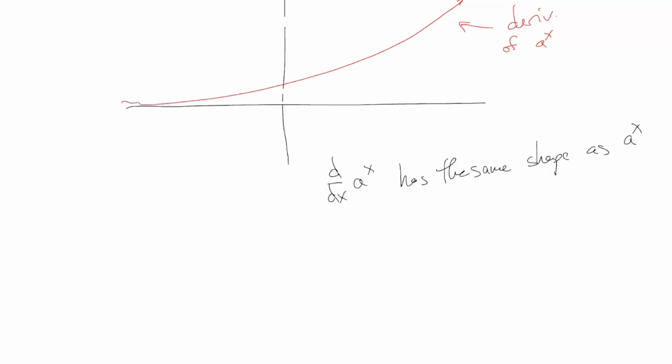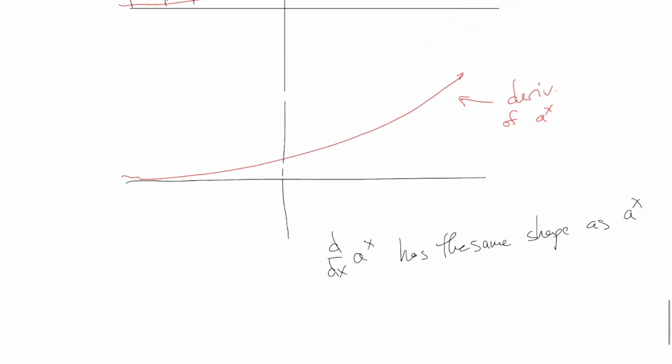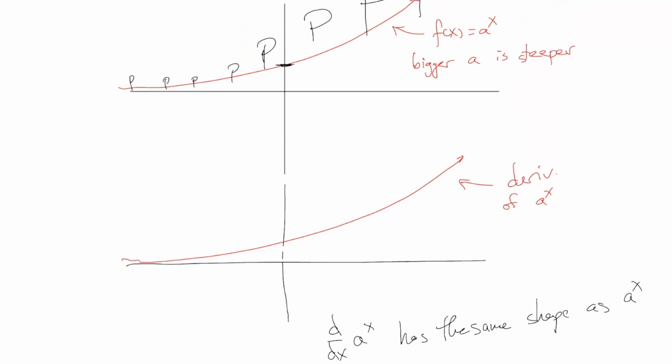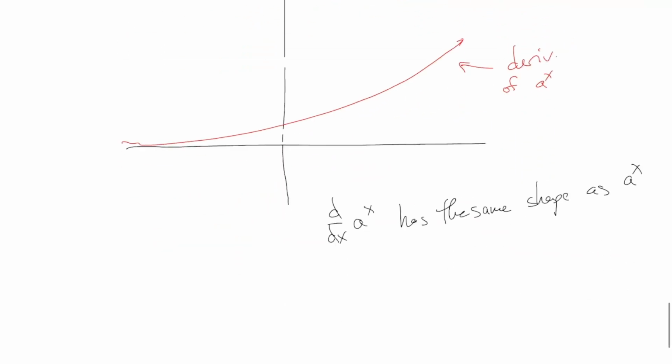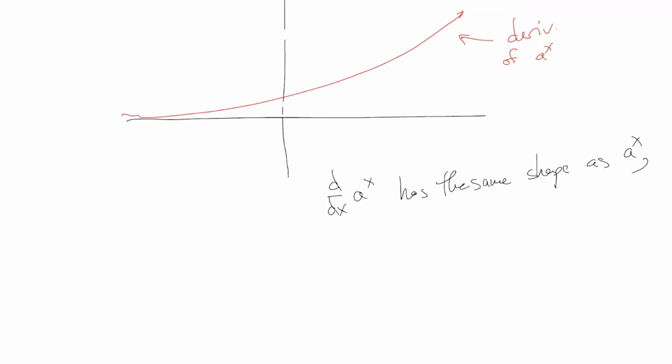The only difference is, it turns out, and this you can't tell by looking at my pictures, the steepness from one to the other is slightly different. So this one is the same as this, but it's been multiplied by a constant to make it either more steep or less steep, depending on what the a is. And so it has the same shape as a to the x.